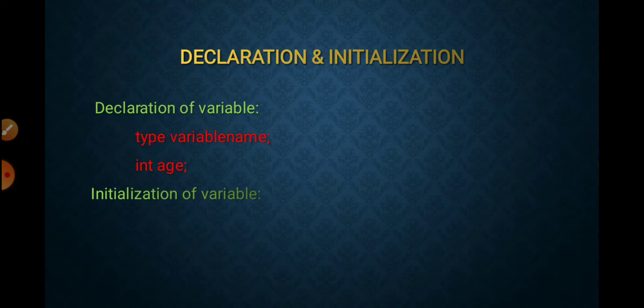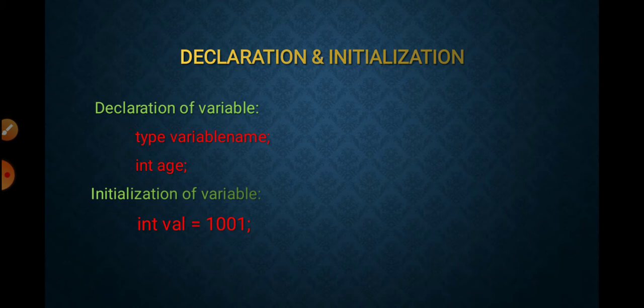Second, initialization of a variable. Example, int val = 1000. See the difference here. In the first example, we specified the variable with a specific data type, that is int age. In the second example, we are assigning some value also to the variable. So what is the value of val? Val is 1000.